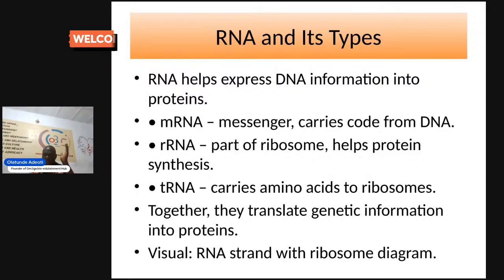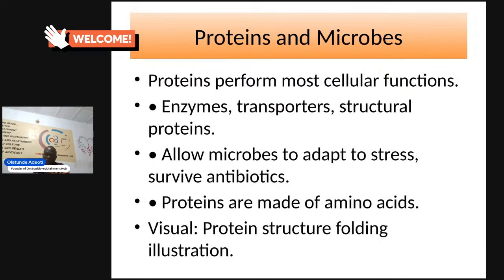Then ribosomal RNA, because it is part of the ribosomes and helps in protein synthesis. And the last one, transfer RNA, carries amino acids to the ribosome. Together, they translate genetic information in order to produce protein. Proteins perform most cellular functions.